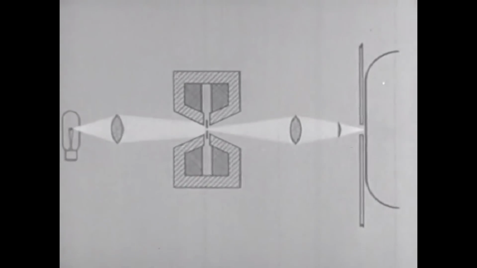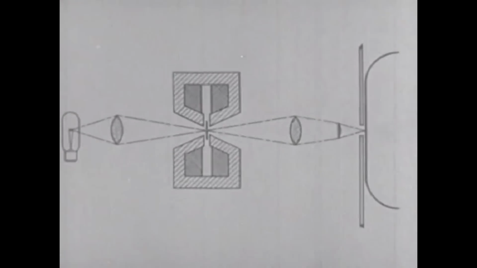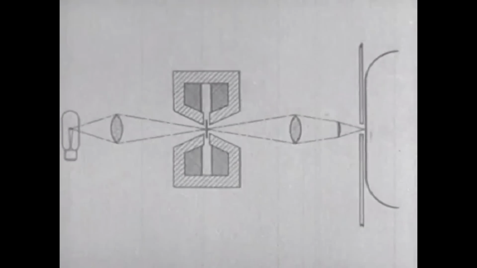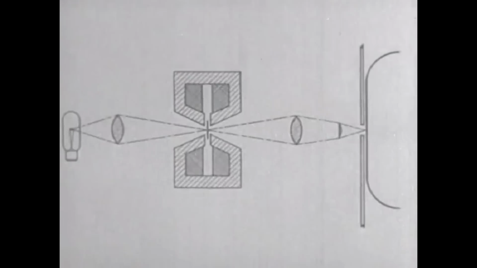Since the ribbons act as light controlling shutters, any change in the sound current flowing through the ribbons will cause a corresponding change in the size of the light transmitting slot, defined by their closely spaced edges, and therefore in the amount of light falling on the film. The device thus acts like a valve controlled by the sound current for controlling light.